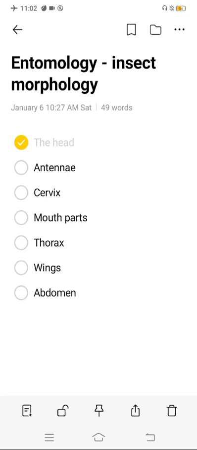The head sutures: the clypeolabral suture, the clypeofrontal or epistomal suture, the epicranial suture, the occipital suture, the post-occipital suture, the frontogenal or subocular suture, the subgenal suture, the ocular sutures, then the antennal sutures.